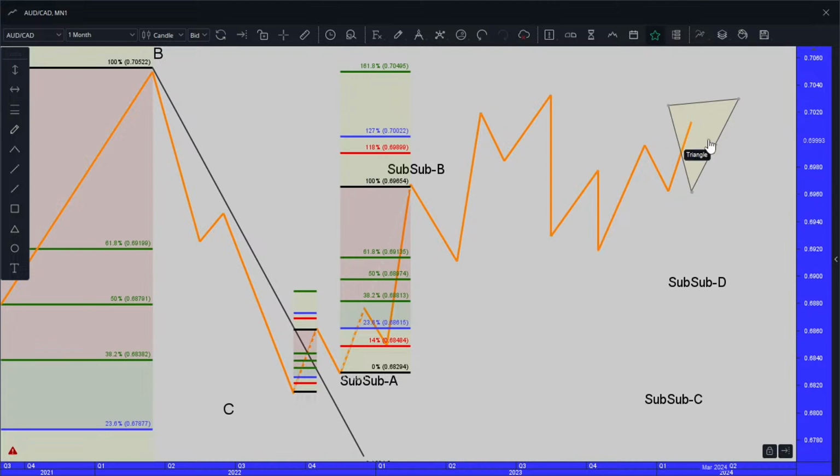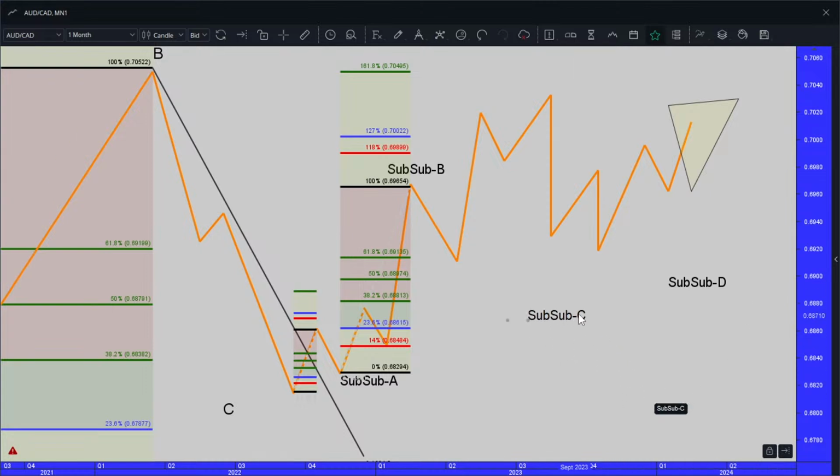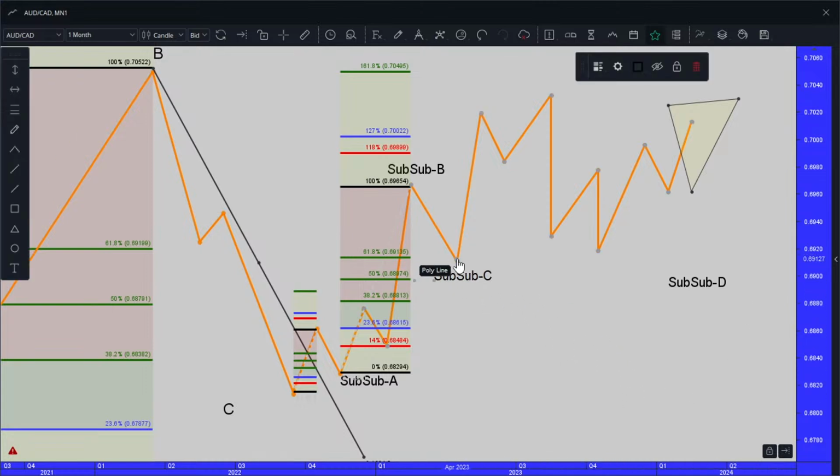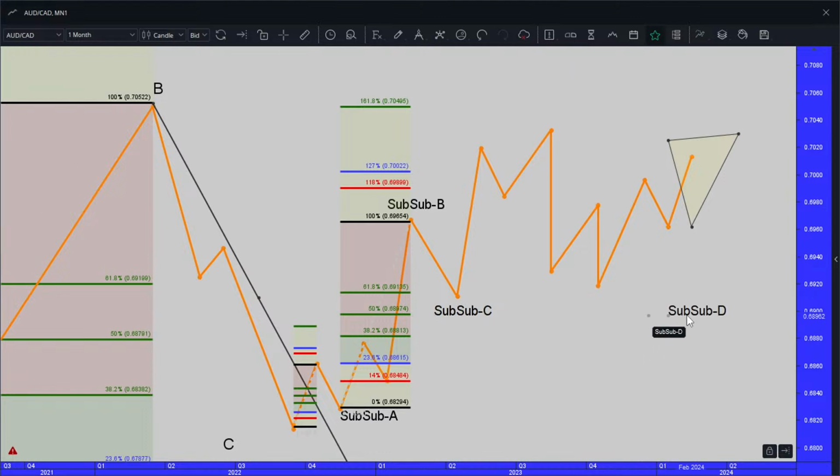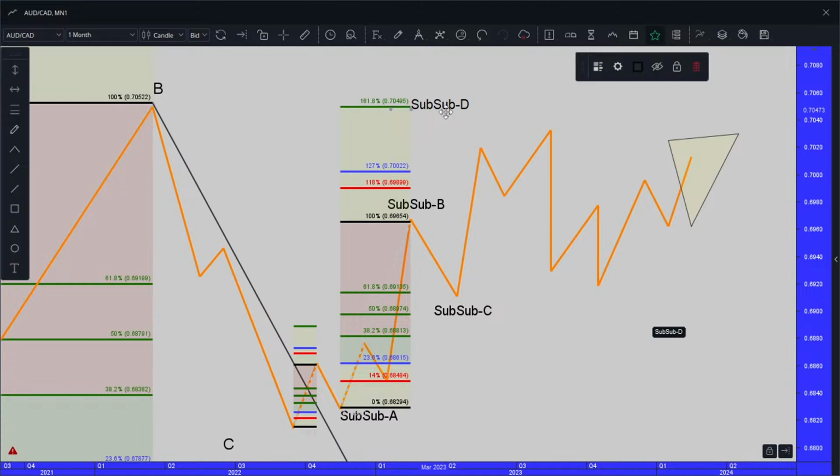And so the triangle price action is here. This is our sub C. This is the lowest point inside the sub A, sub B boundary after the sub B, before the market hits the appropriate sub D extension.